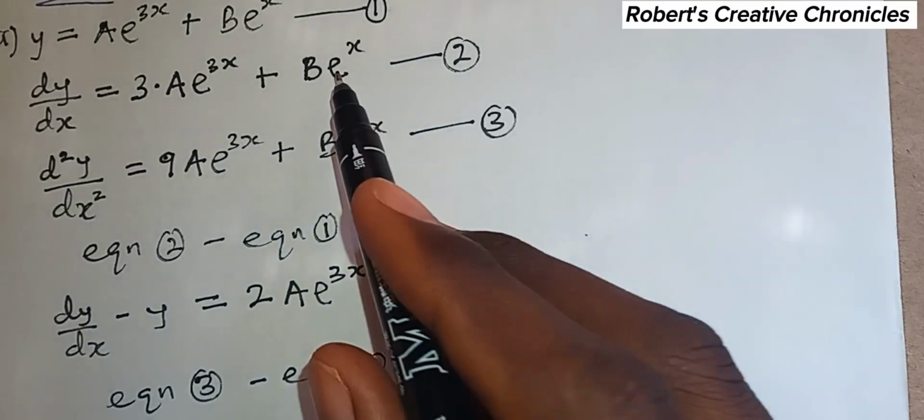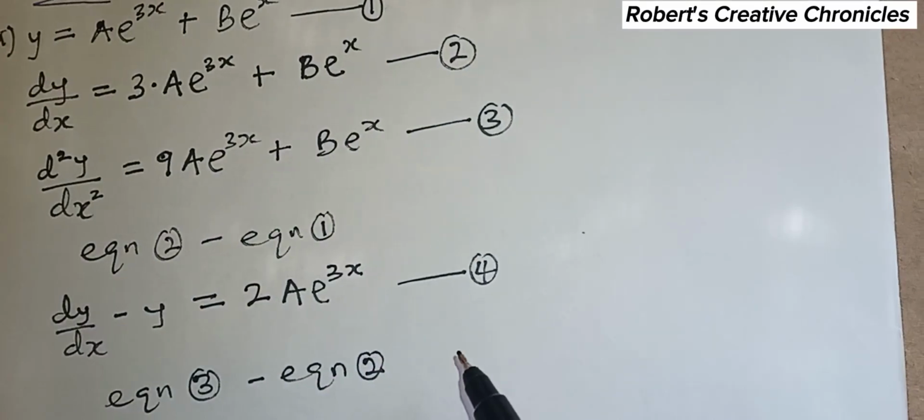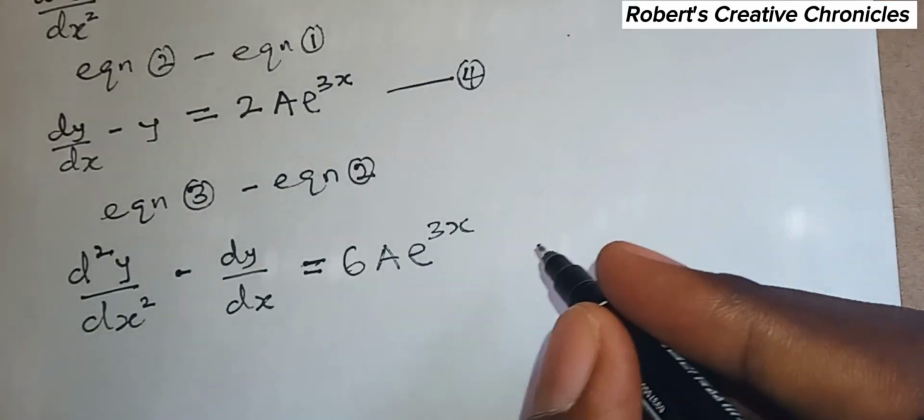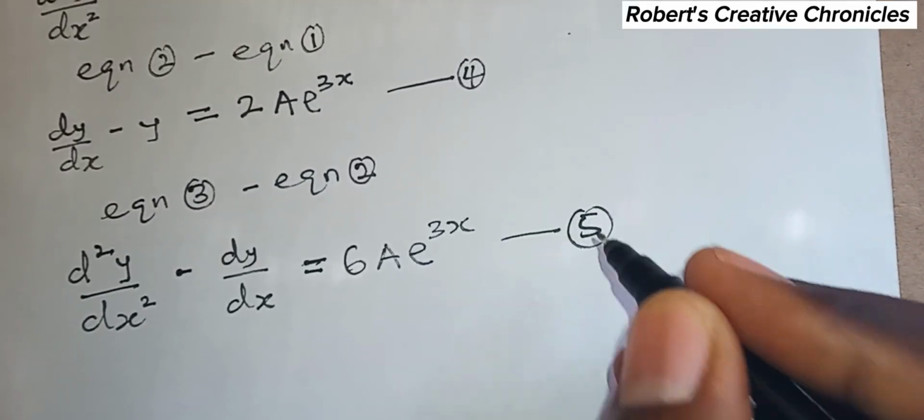Then this minus this is 0. So here will be my equation 5.